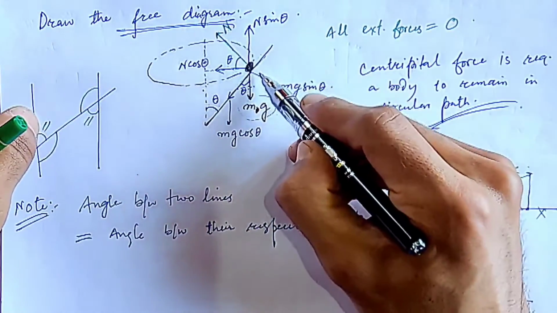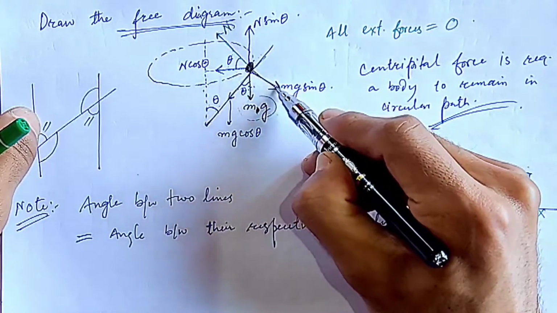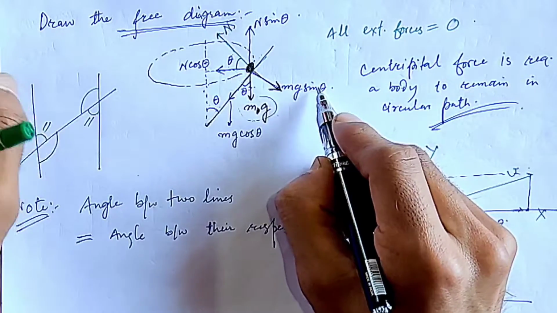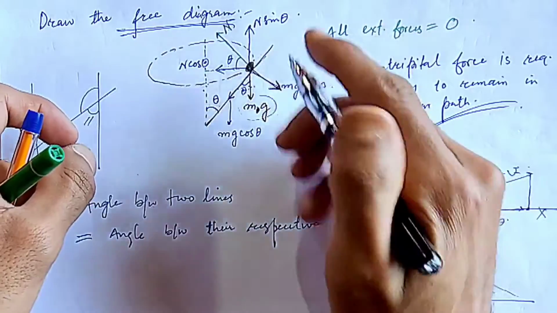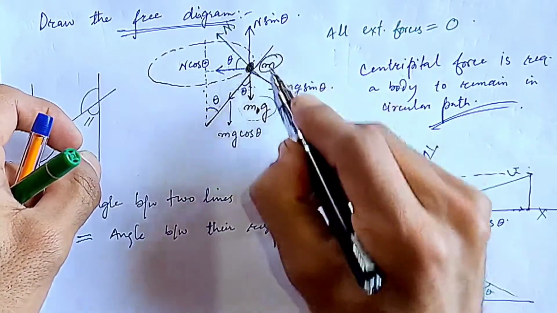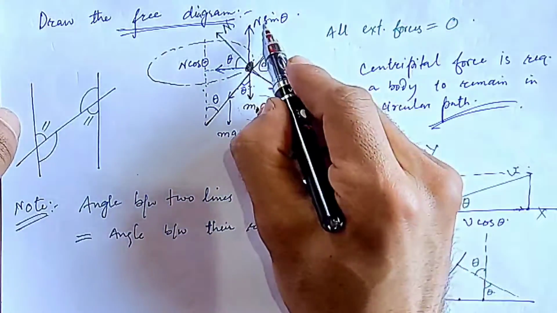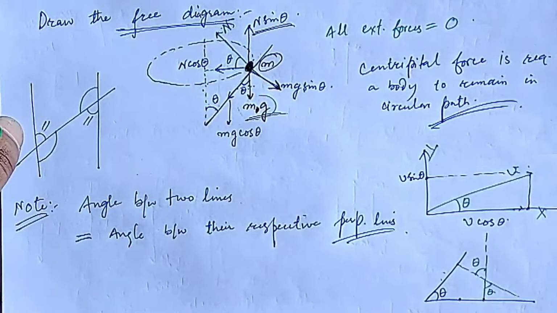This normal force will be cancelled out by the perpendicular, that is mg sine of theta, because all these forces are exerted on the surface by the same body m. So all of these will be equal but component wise. This component cancels out this, and this component cancels out this.